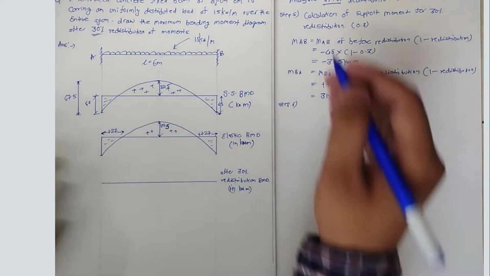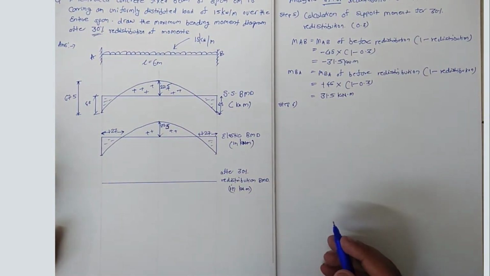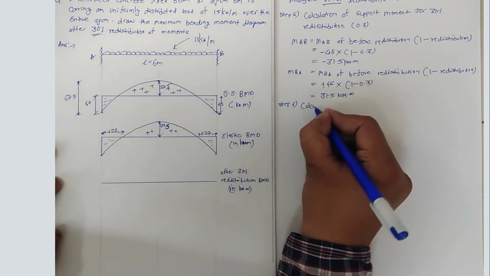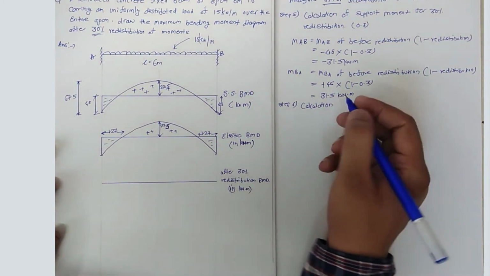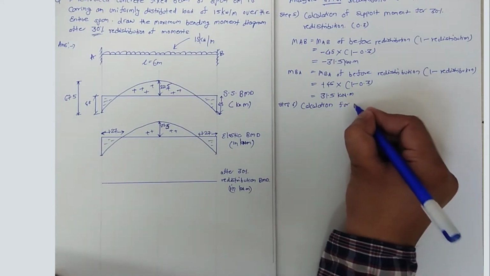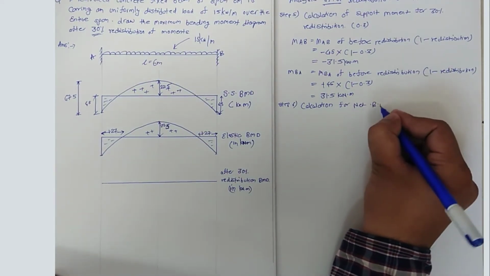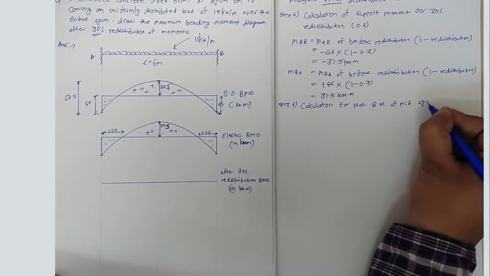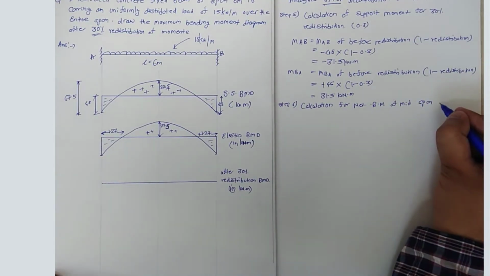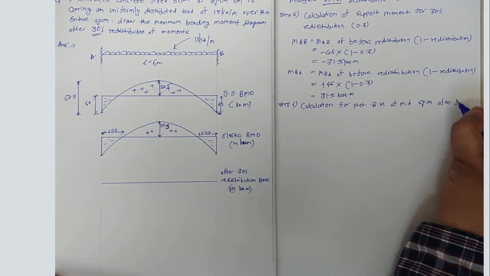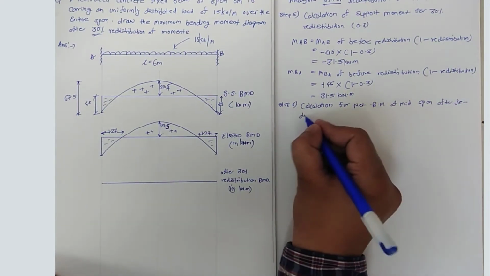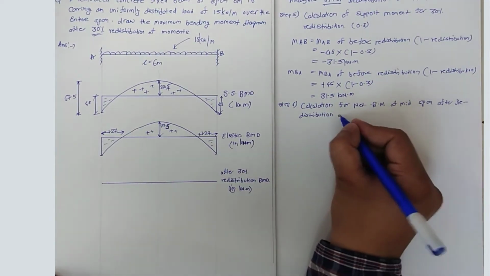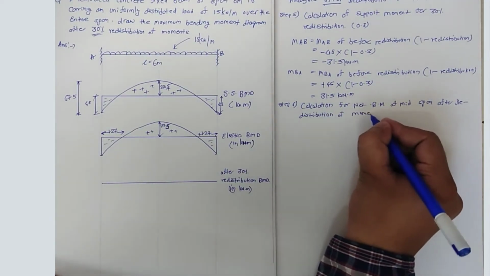So all these steps we have to follow exactly similar, but we need to apply the after redistribution. So I'll write calculation for net bending moment at the mid span, but it is after redistribution of moment.